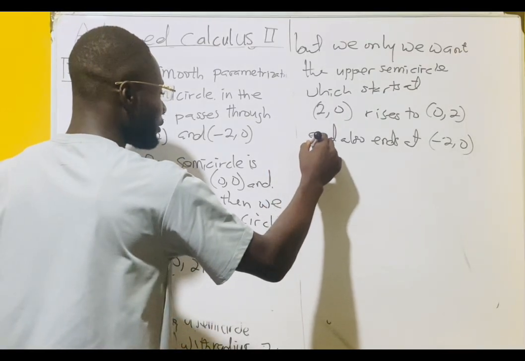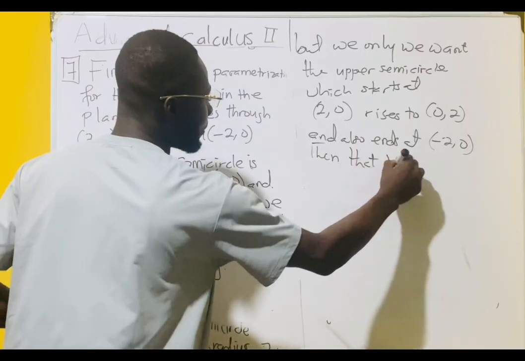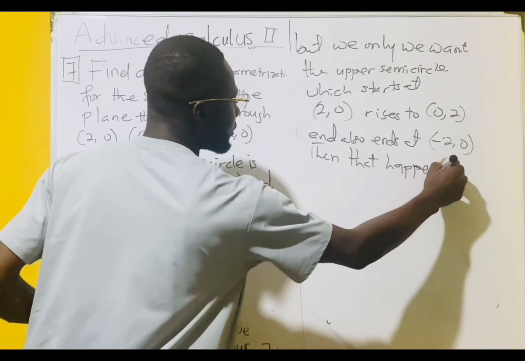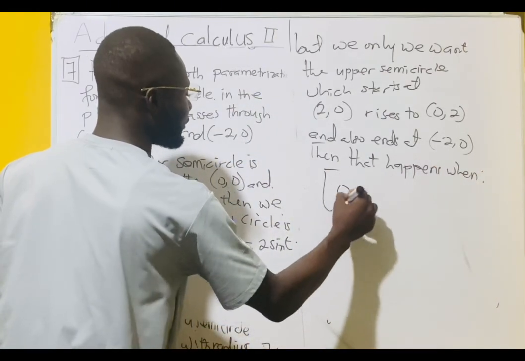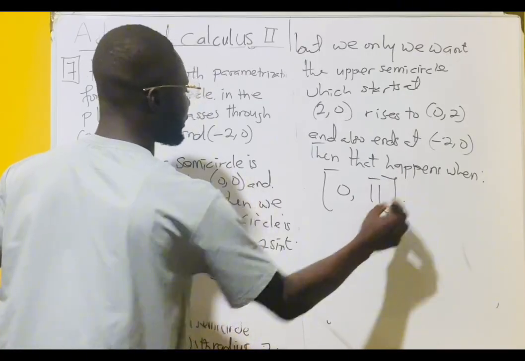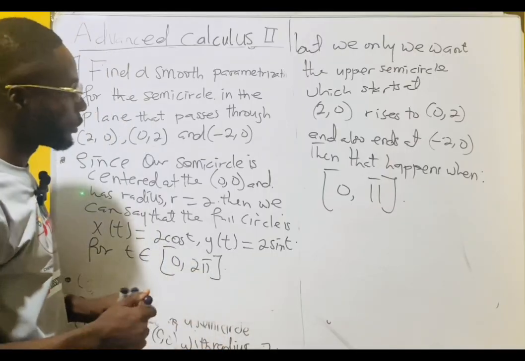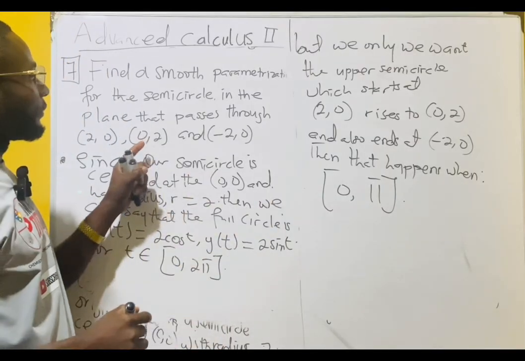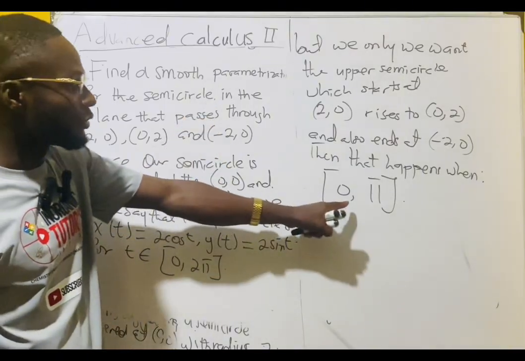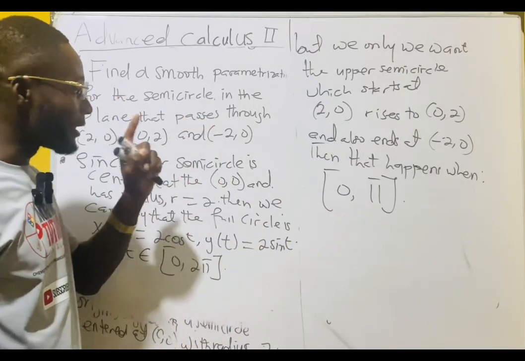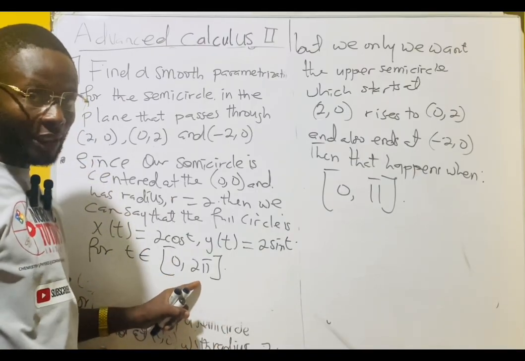Then our smooth parameterization happens when we have a range of 0 to pi, right? If we are interested in the semicircle, it's going to be 0 to pi. But if it is a full circle, it's going to remain 0 to 2 pi as the range.